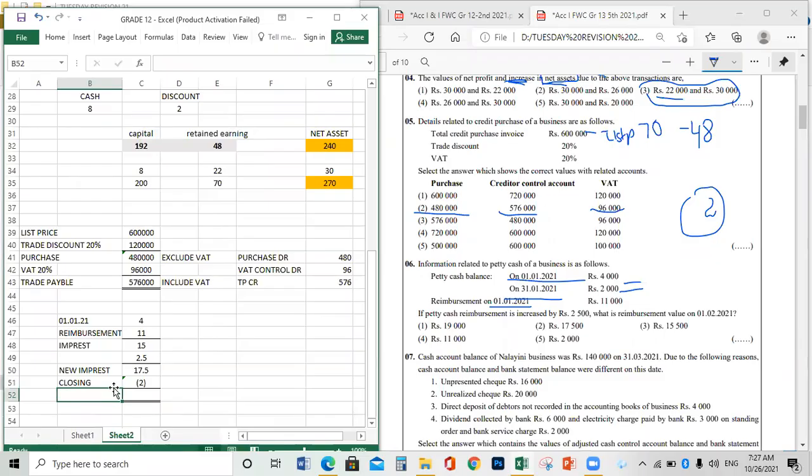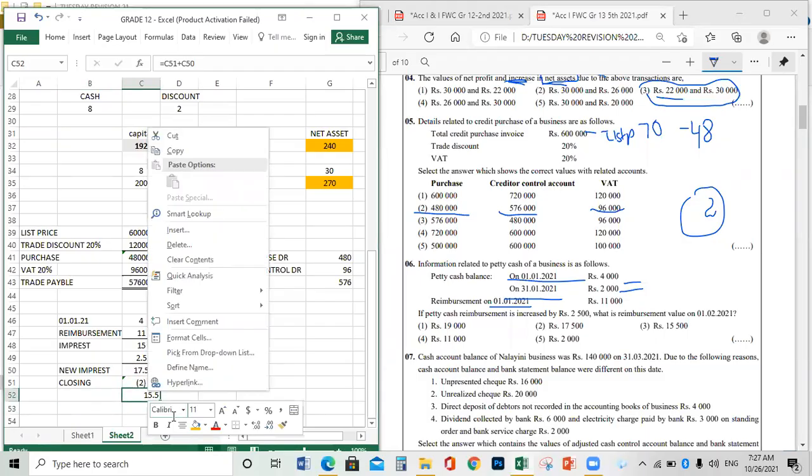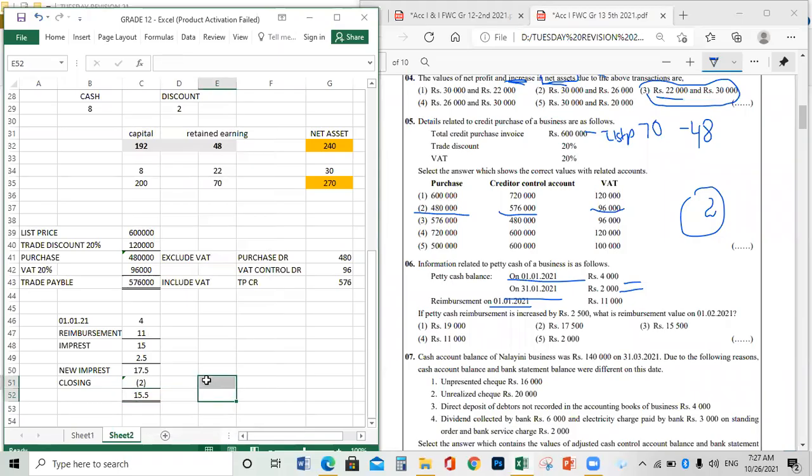The new interest is 17,500. Out of that, on the closing date, if you have 2,000, how much will you ask more? You will ask 15,500 more. So your reimbursement is 15,500. I'll repeat one more time. Listen, how to find the interest.